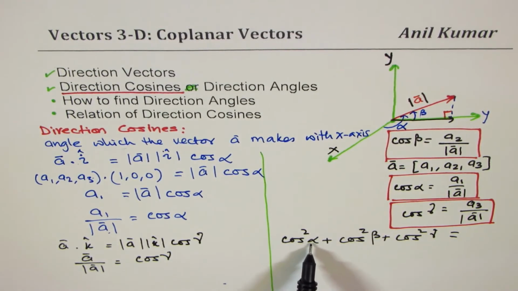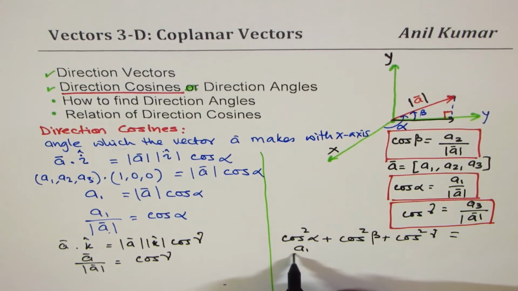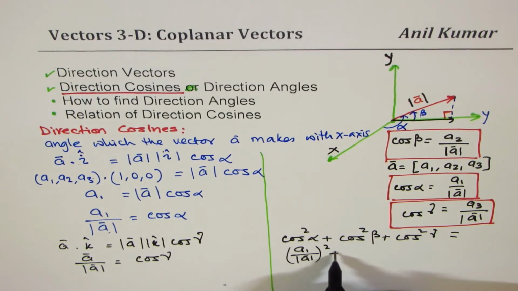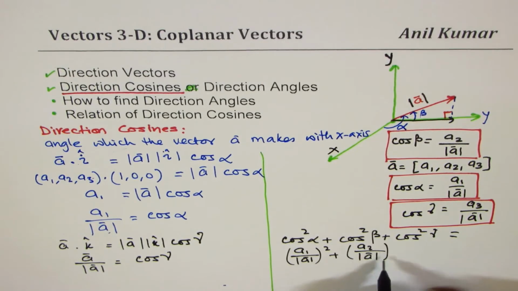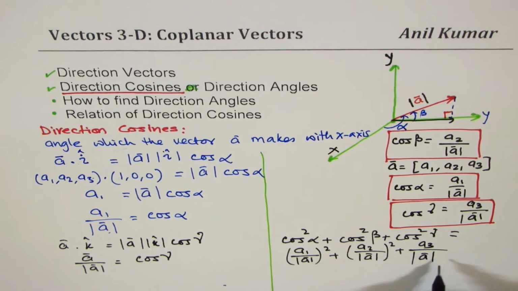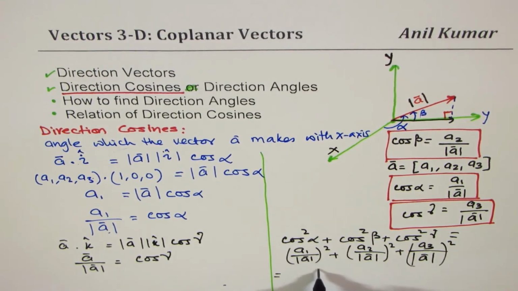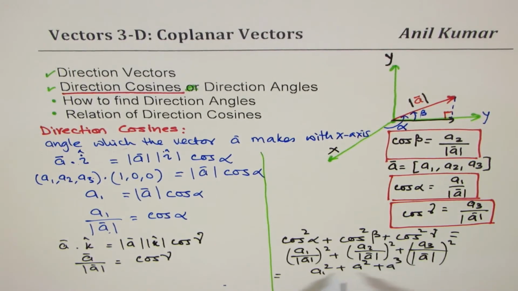Well, we know what cos square alpha is. Cos square alpha will be A1 over the magnitude of A, whole square, plus A2 over magnitude of A whole square, plus A3 over magnitude of A whole square. Now that gives you clearly A1 square plus A2 square plus A3 square divided by the common factor magnitude of A square.